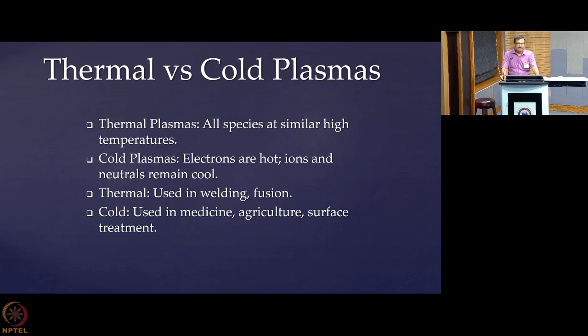Then regarding the application areas, thermal plasmas we are using in welding. Then thermal plasmas we are using in fusion, but not for fusion reactions, but for material qualification, the kind of flux and fluence that you require to validate a material or to qualify a material for a certain application, like the divertor region or so, we are using thermal plasma fluxes.